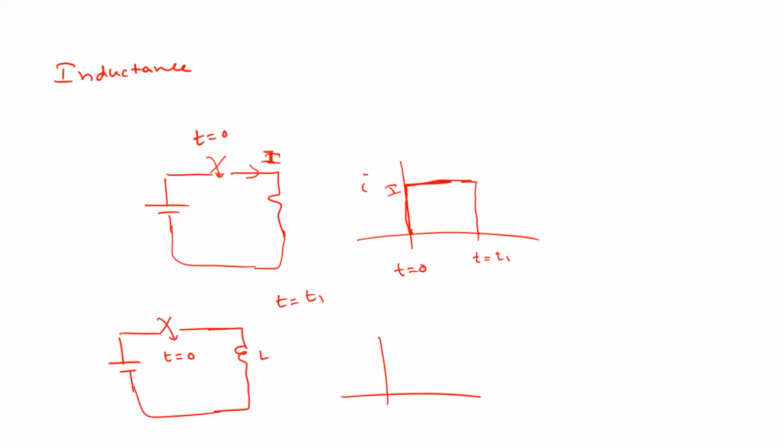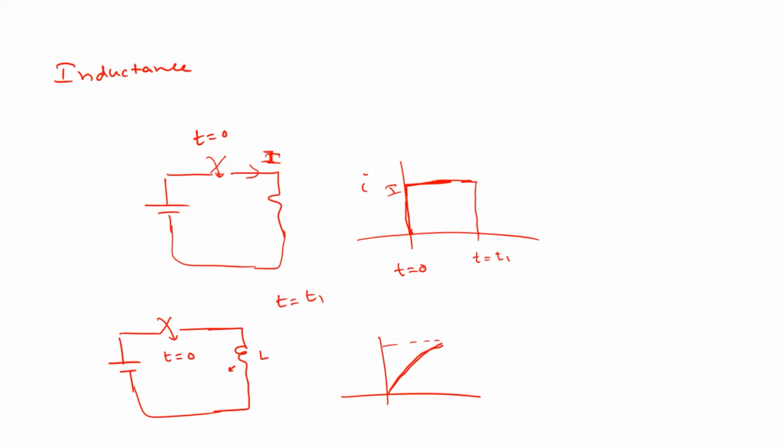The current will start increasing exponentially rather than directly. It takes some time, so instead of rising instantly, it is delayed.